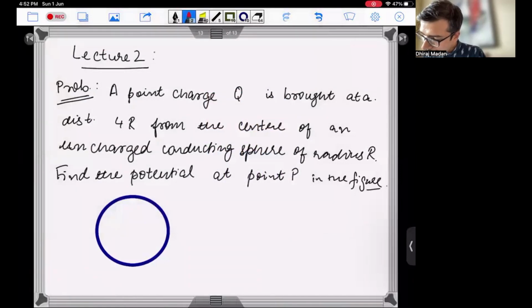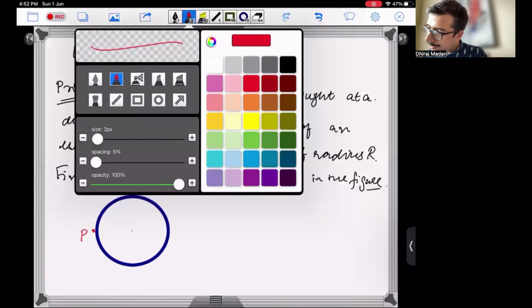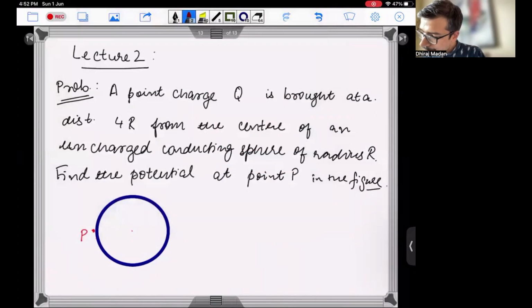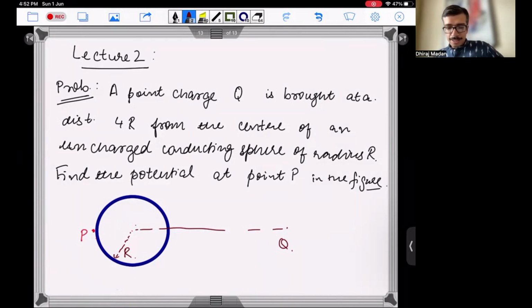So this point is P. And the radius of the sphere is R, and a point charge Q is brought at a distance of 4R from the center. Okay, so this is 4R.